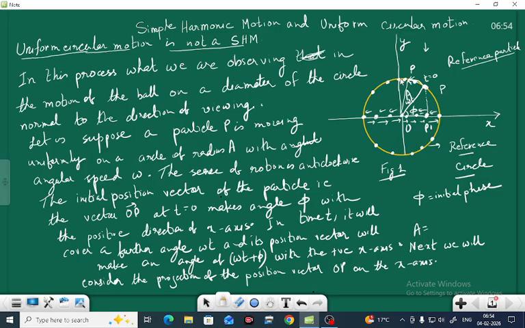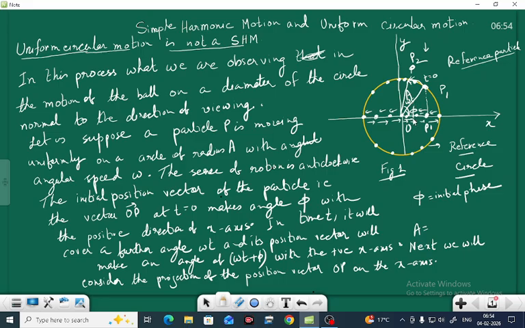So let us take this angle as A. This is A, and this is omega t plus phi. If we take a projection of this particle, suppose this is P1, this is P2. So the particle position P2 will be here.